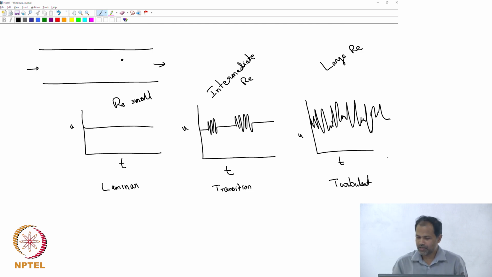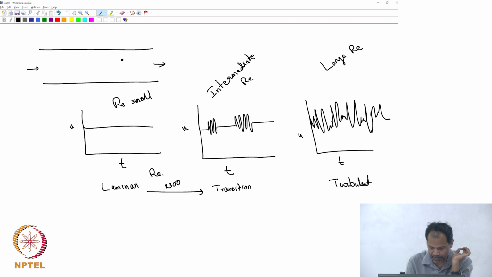For a pipe, typically the Reynolds number where the laminar to turbulent transition happens is approximately 2300, when the Reynolds number is defined based on the diameter D, with V some average velocity, as rho V D divided by mu. You could define the Reynolds number based on radius, diameter, anything.